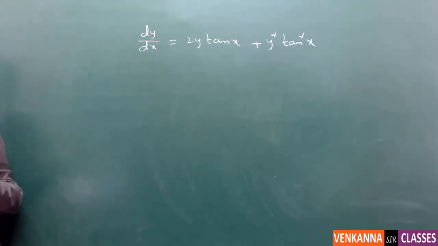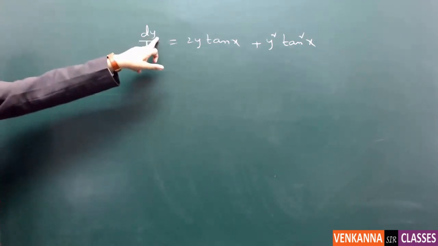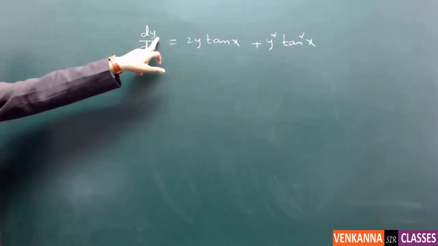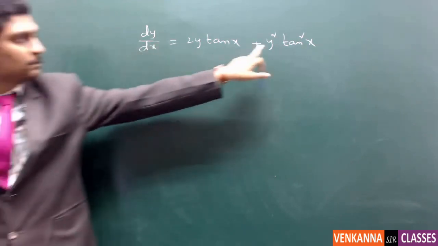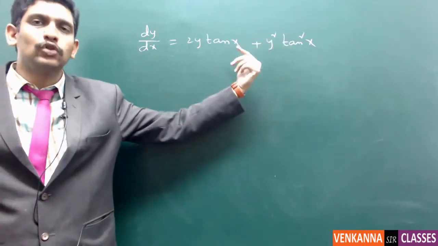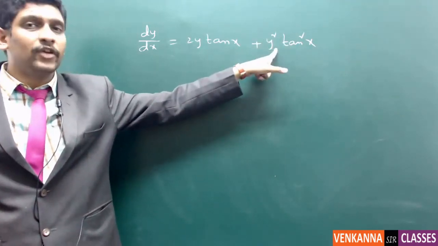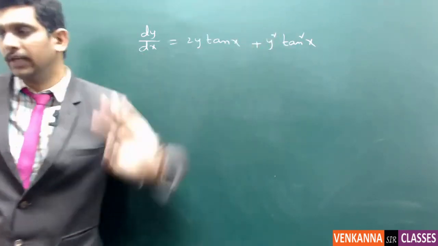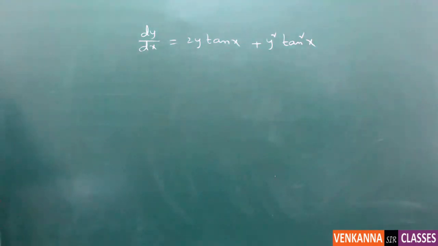In order to identify Bernoulli, the dependent variable must have power more than 1. Since y square is present here, we can come to the conclusion that the dependent variable has power 2, so it is Bernoulli. That is the way to identify whether the given equation is linear or Bernoulli.